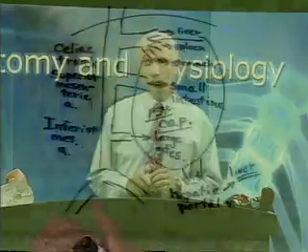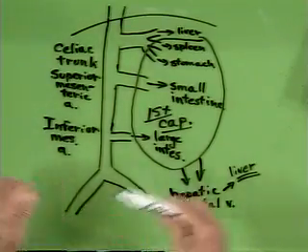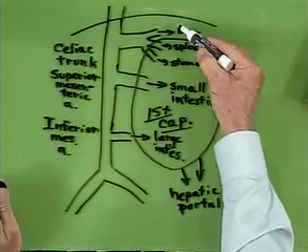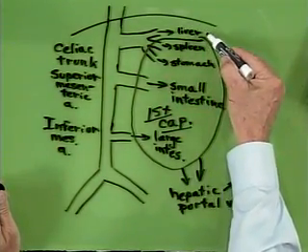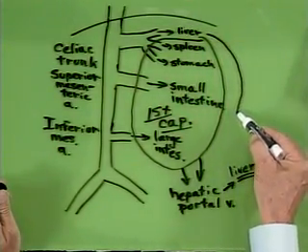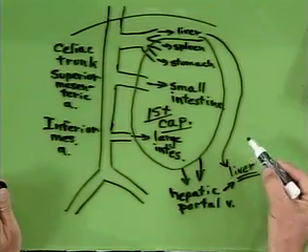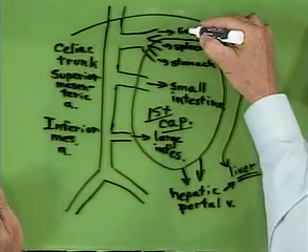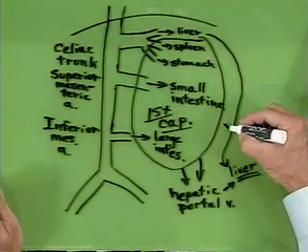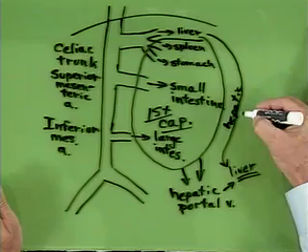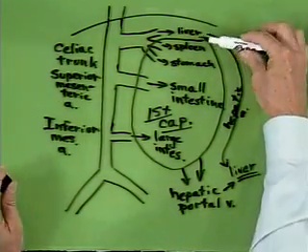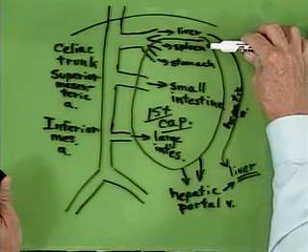I want to go back to the overhead camera one more time on this. If we go up here, you notice I left the branch of the celiac trunk going to the liver out of the deal. That is going to be the hepatic artery that also comes down to the liver. So this vessel right up here that I pointed to and said liver, that's the hepatic artery. Now for you purists, this vessel going to the spleen is the splenic artery.